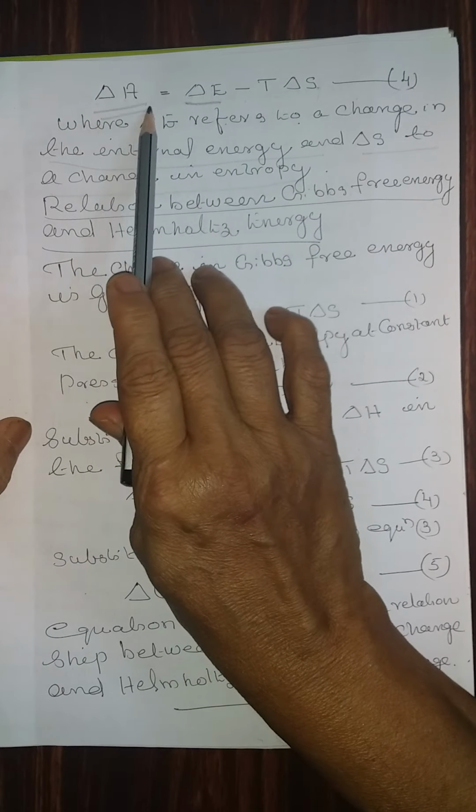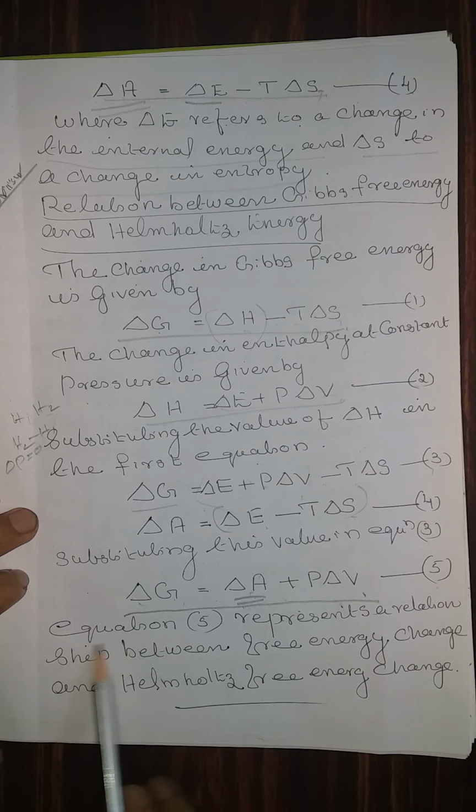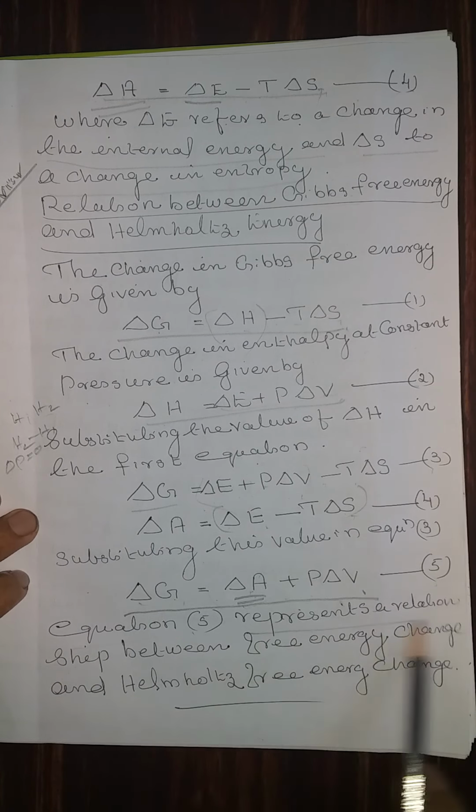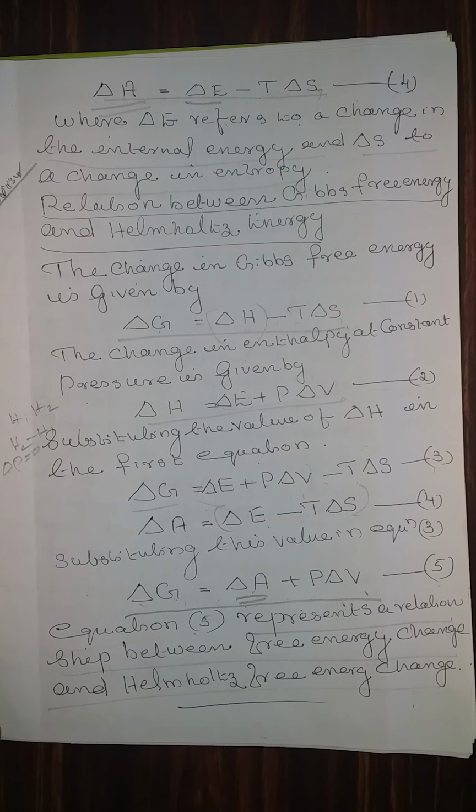By applying equation number 4 to this, delta G is equal to delta A plus P delta V, since delta E minus T delta S can be replaced by delta A. Therefore, substituting the value here, we get delta G is equal to delta A plus P delta V. Equation number 5 represents the relationship between Gibbs free energy and Helmholtz free energy. These two equations, the derivation is very important.